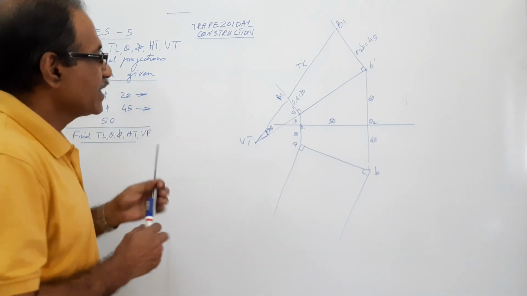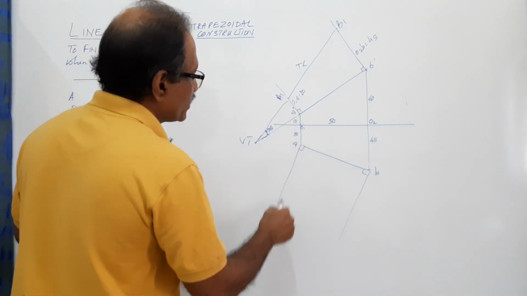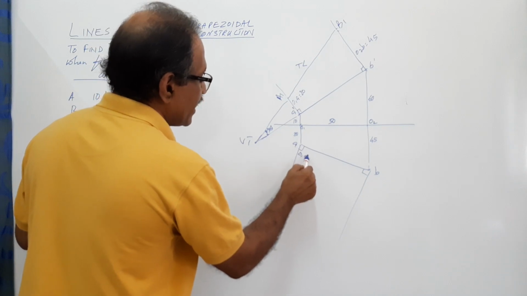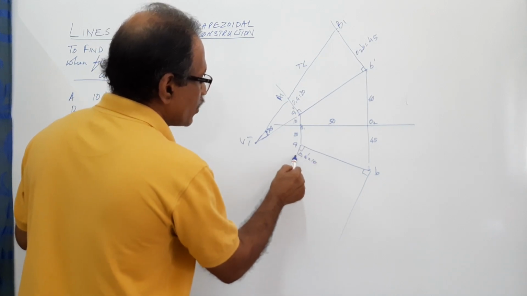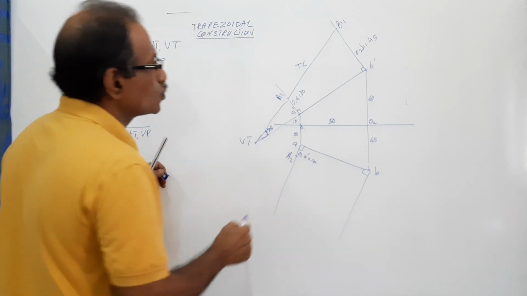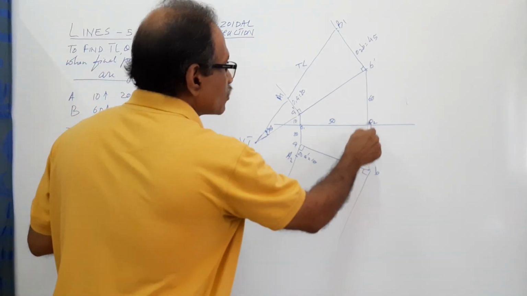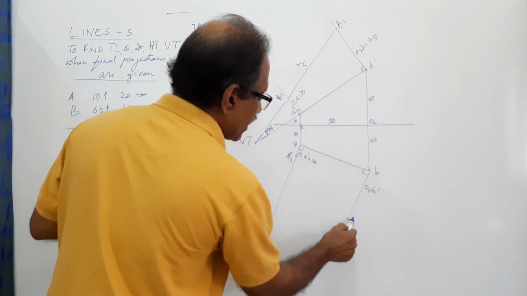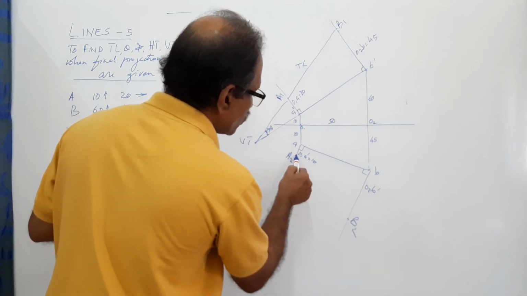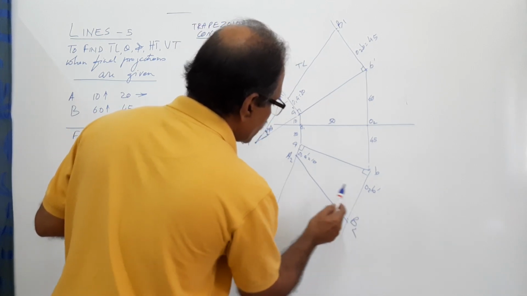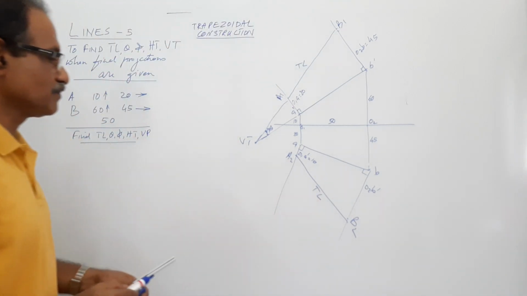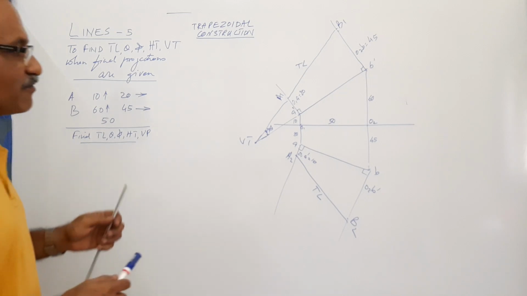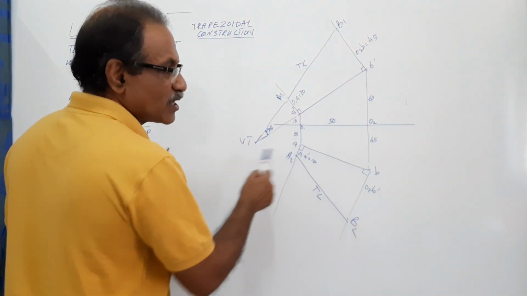Agreed? Okay. Now, on this perpendicular line, mark O1A dash. O1A dash equals 10. What do I get? I get capital A2. And on this, measure O2B dash. What do I get? Capital B2. A2B2 is true length. Where is this constructed? This is constructed on the plan.